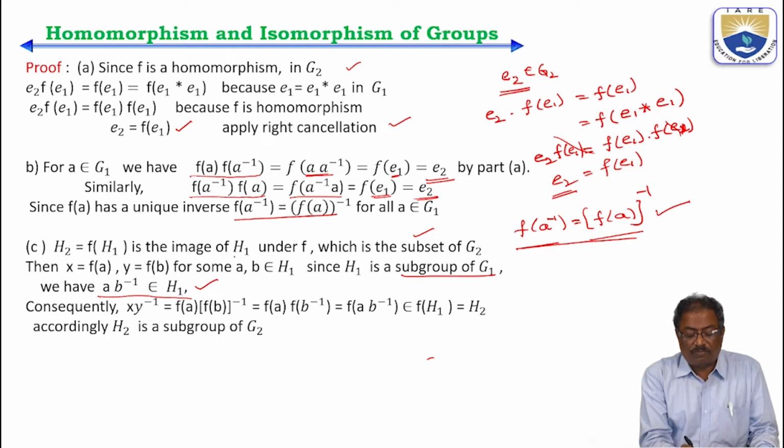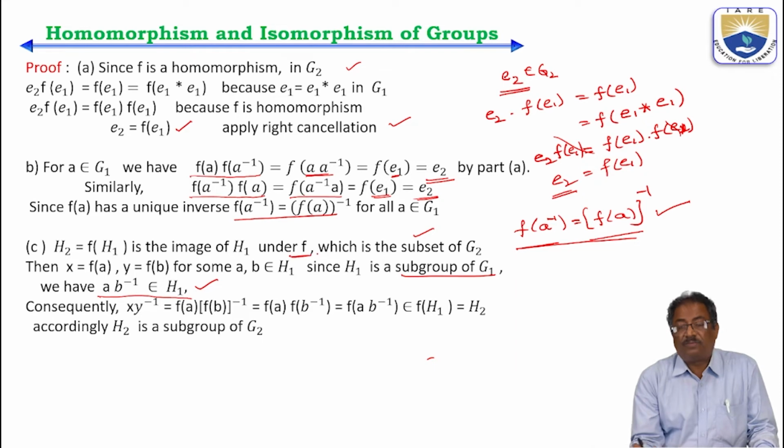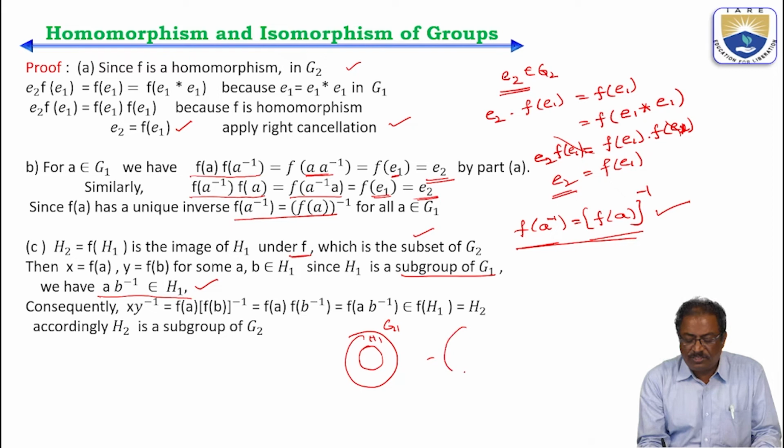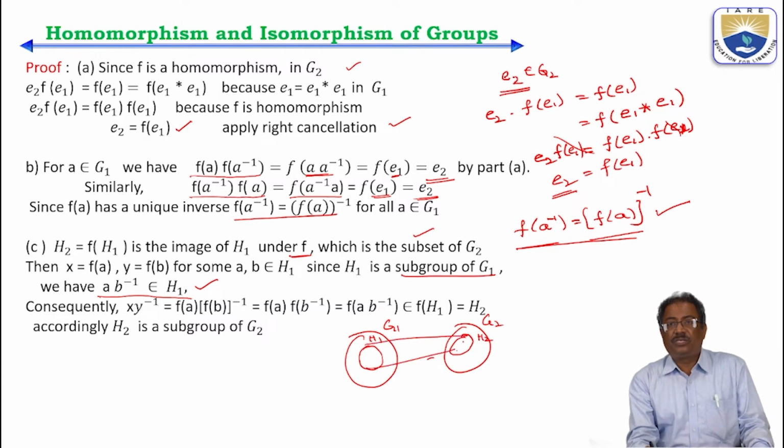H2 is equal to f of H1, the image of H1 under the function f, which is a subset of G2. So here is G1, then this is H1, and then it is G2, and this is H2. H2 is nothing but f of H1.